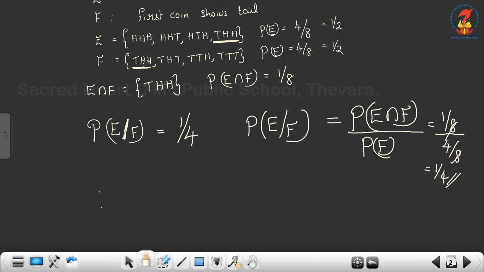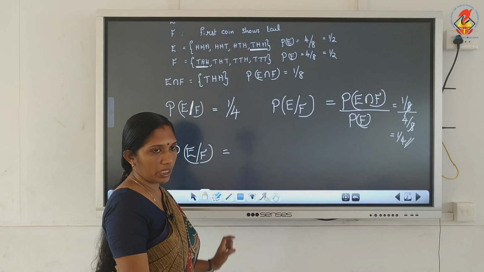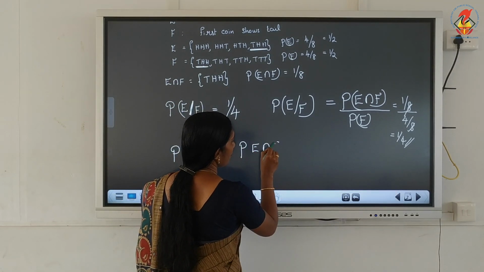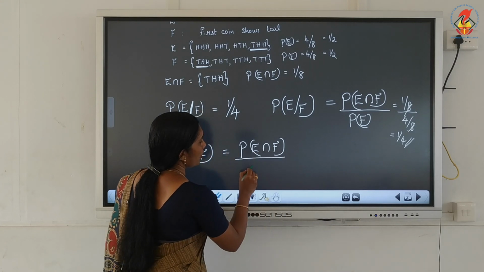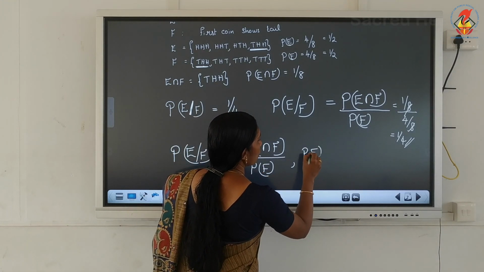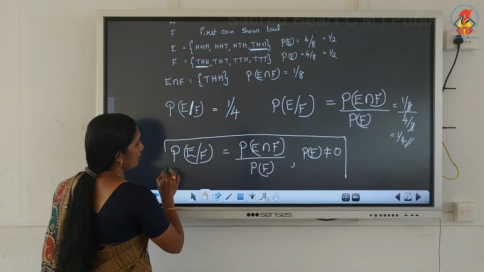So you have to learn this result. P of E given F, that is the conditional probability of occurrence of the event E if F has occurred, or given that F has occurred. That's equal to P of E intersection F divided by P of F, provided P of F cannot be 0. If it is 0, it is not defined. So this you have to learn.